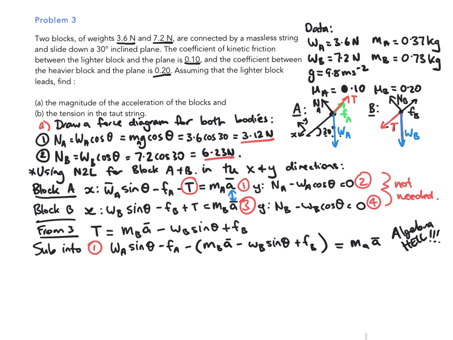We can just group some terms around the place, and we get W_A sine theta minus F_A minus m_B a plus W_B sine theta minus F_B equals m_A a. Just putting the symbol over the a there, so it's getting less confusing.